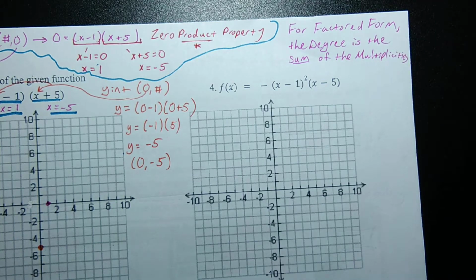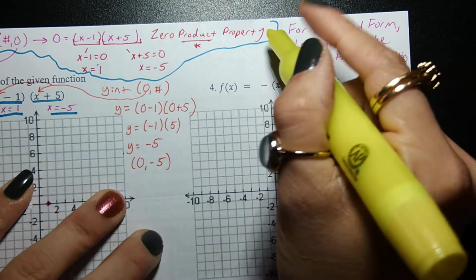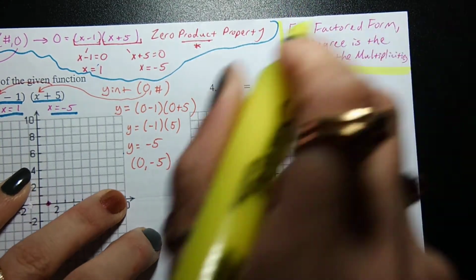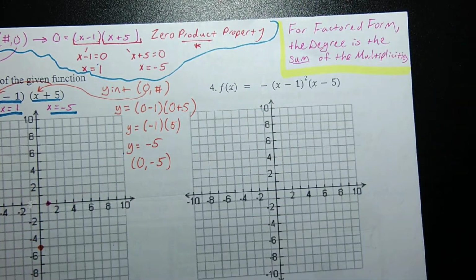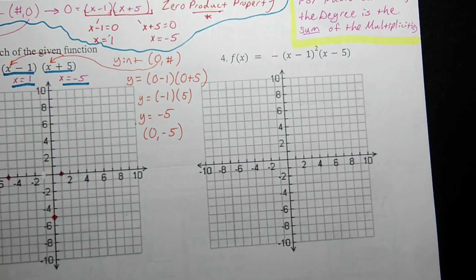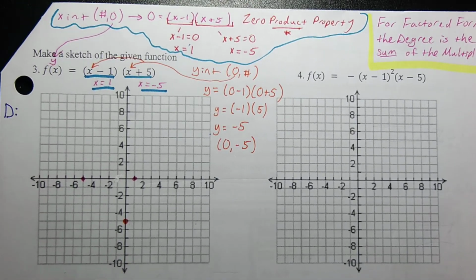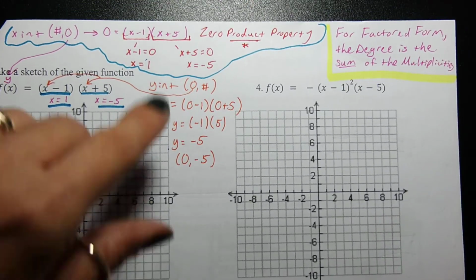And I would put a big important box around this. So for factored form, the degree is the sum of the multiplicities.